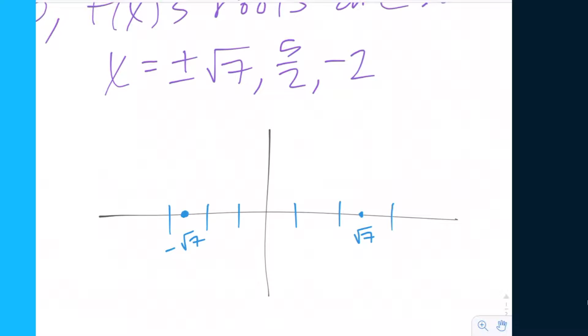Uh-oh. 5 halves is about what? 2.5. Oh, that's going to be really, really close to the square root of 7, isn't it? Which one's bigger? 5 halves? Yeah. That's going to be really close.